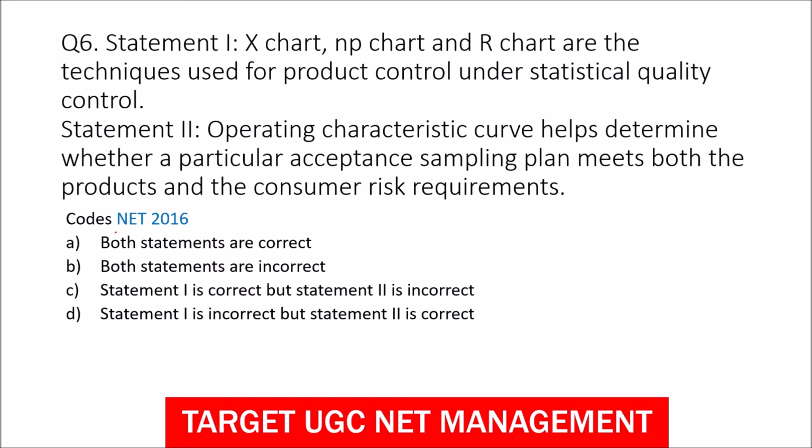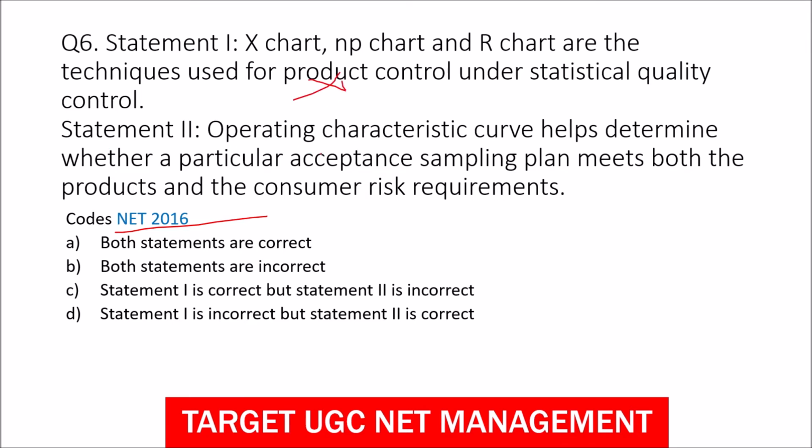Question number 6, NET 2016. Statement 1. X bar chart, NP chart and R chart are the techniques used for product control under statistical quality control. No, we have studied that it is manufacturing control.